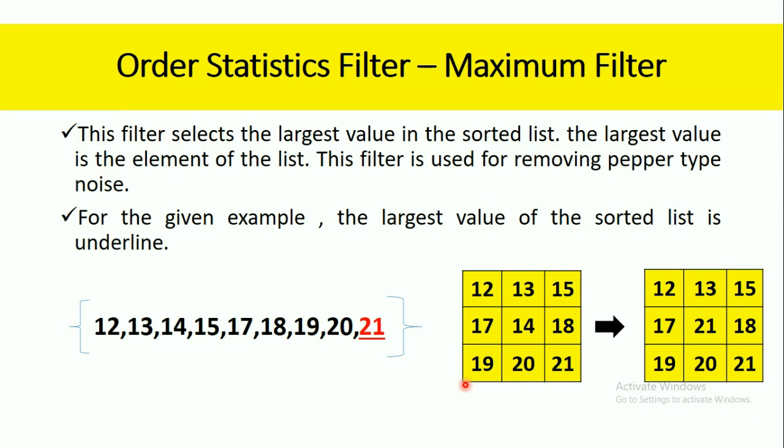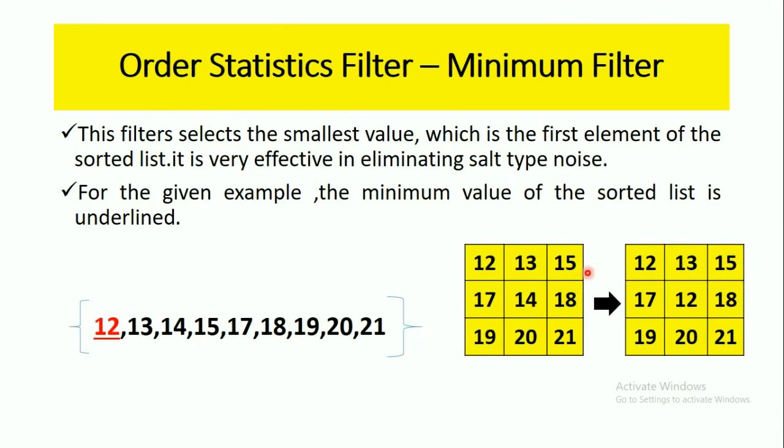The next filter is the maximum filter. Here we sort the pixel values of this image in ascending order and choose the maximum value, that is 21. That 21 replaces the center pixel value 14. This is the maximum filter. After that we have the minimum filter.